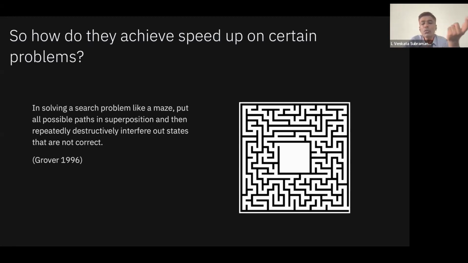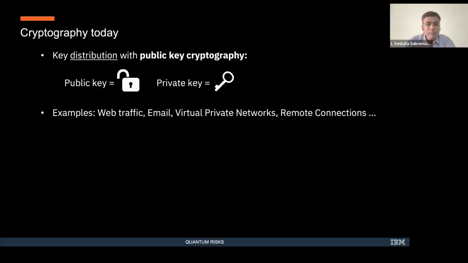And what does that do for you? It enables you to arrive at your answer very quickly. In today's talk, we are not going into any of the mathematics. We're just covering things intuitively, trying to see how these basic fundamental concepts work.